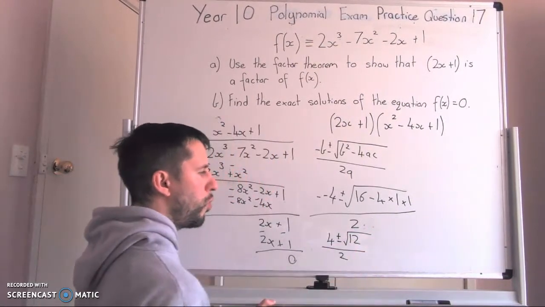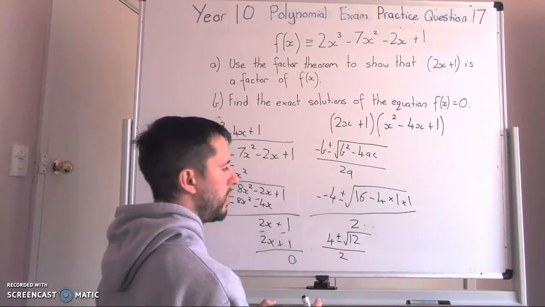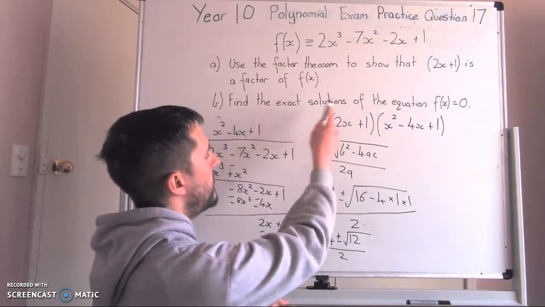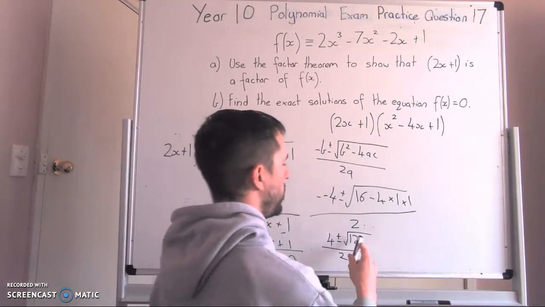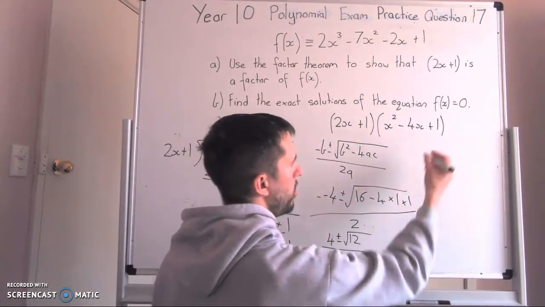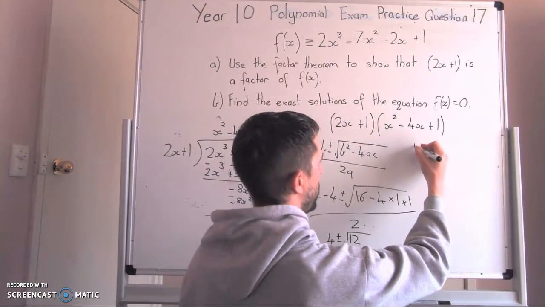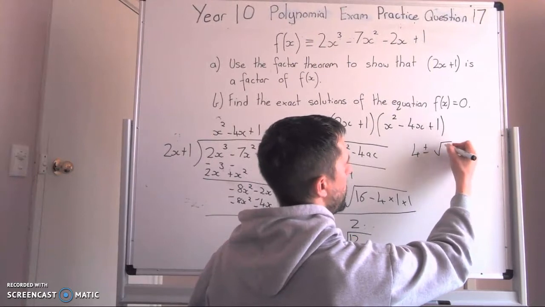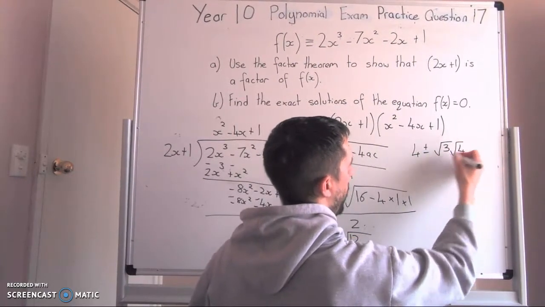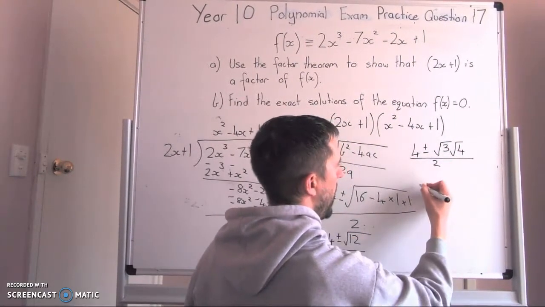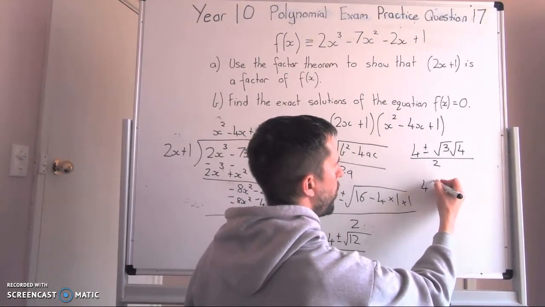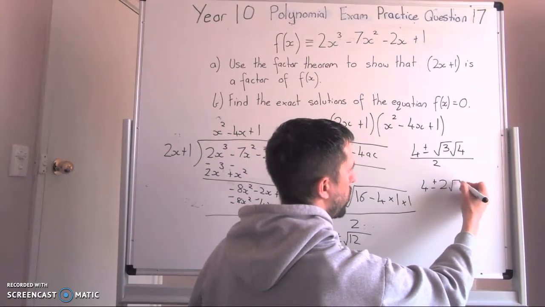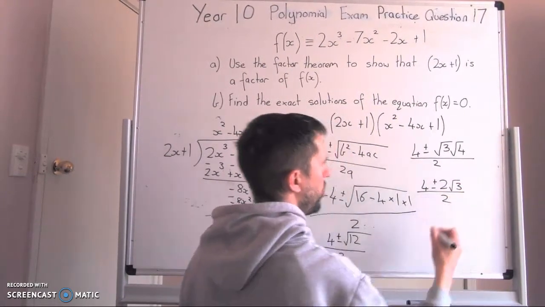We all know the square root of 12 is two numbers that multiply together, but it says exact solutions, so I'm going to do it as a surd. Square root of 12 is the same as square root 3 times square root 4. Square root 4 is 2. So I've got 2 square root 3 over 2.